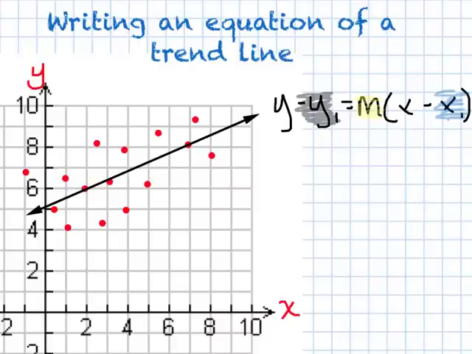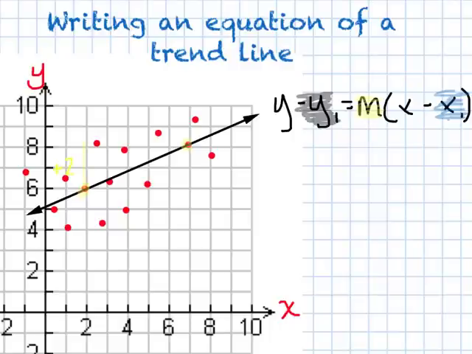My first step is to try to find my slope. I know that slope is rise over run. So I'm going to go between my 2 points here. I have this point and this point. I'm going to count my rise. I go up 1, 2. So my rise is plus 2. Then I need to count my run.